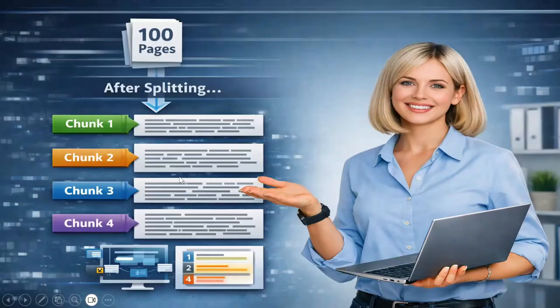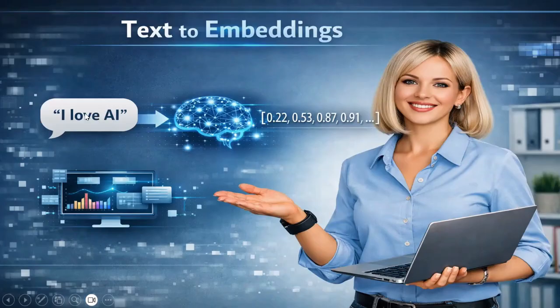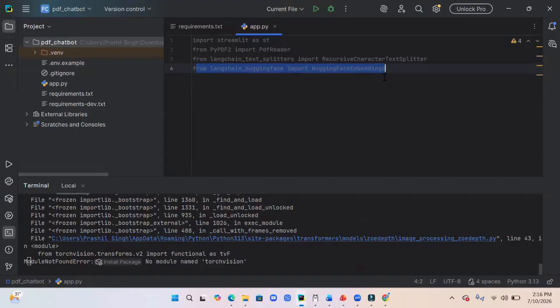Earlier, the pages got split into chunks, into paragraphs, and those are getting converted into these numericals, the vectors, right? Let's say I love AI is my chunk. Through your Hugging Face embeddings, it is getting converted into these numbers. And for that only we have imported this line number 4.